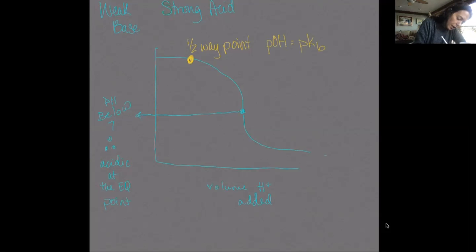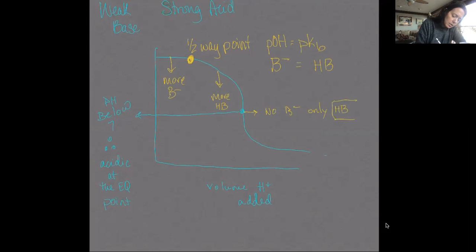And we know that the base is equal to its conjugate acid. And at this point, we would have more base. And at this point, we would have more conjugate acid. At this point, we would have no base, only conjugate acid.